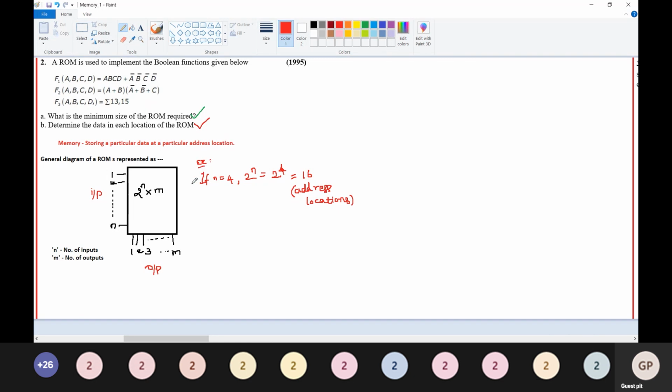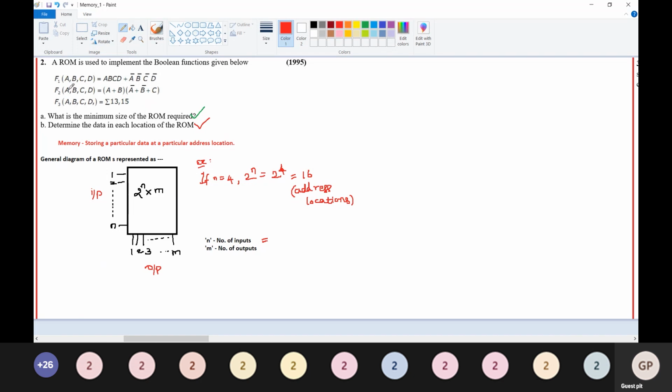So now, from the given problem, we will see how many inputs and how many outputs there are. What is the number of inputs n?